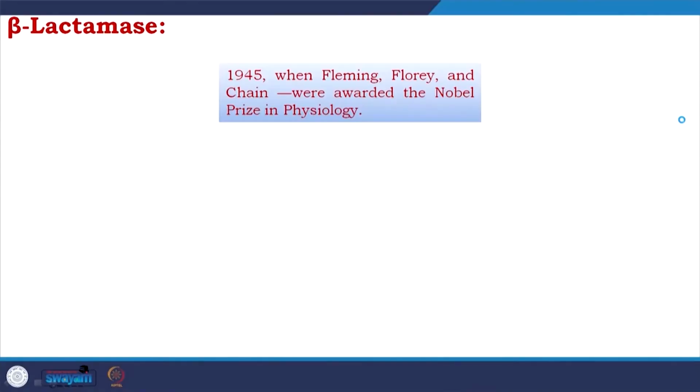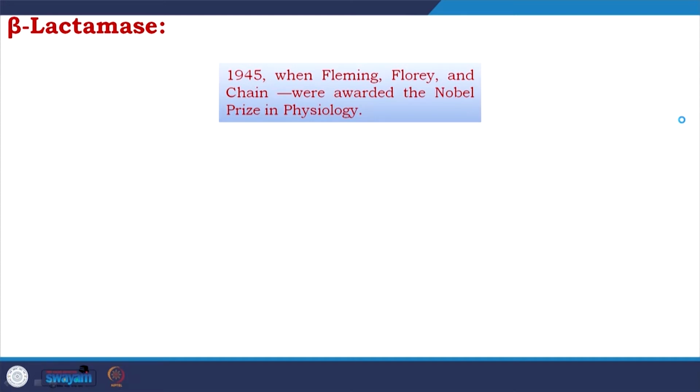In 1928, Fleming invented penicillin. In 1945, Fleming, Florey and Chain were awarded the Nobel Prize in Physiology for their innovation of the first universal antibiotic and getting their mechanism.